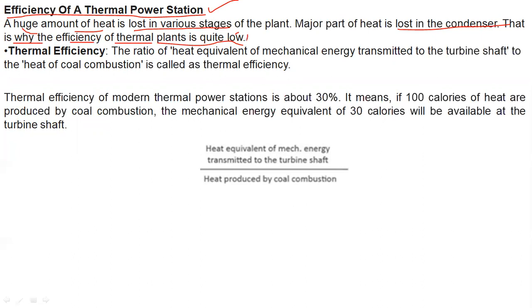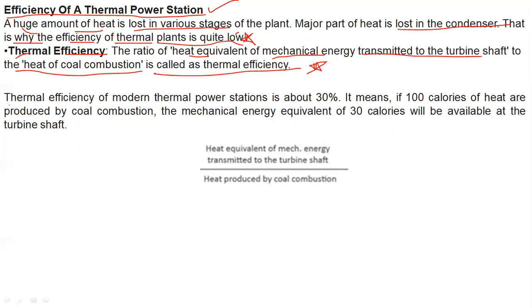Thermal efficiency. We will define now thermal efficiency. Thermal efficiency, the ratio of heat equivalent of mechanical energy transmitted to the turbine shaft to that of heat of the coal combustion, is called the thermal efficiency.